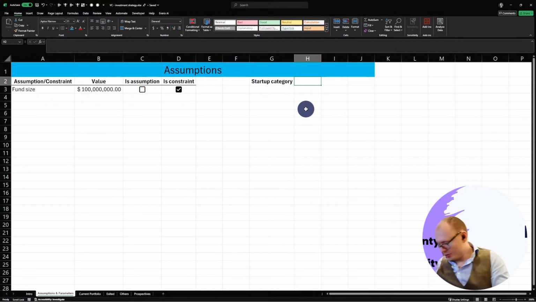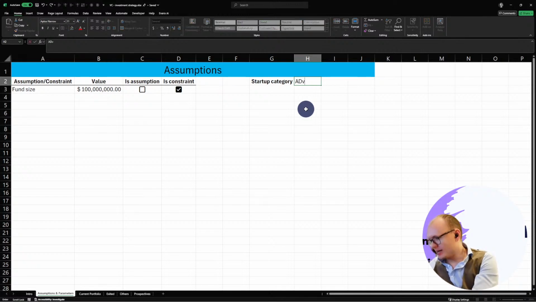Industry. So we'll just take a few here. So we might have something like advanced manufacturing.